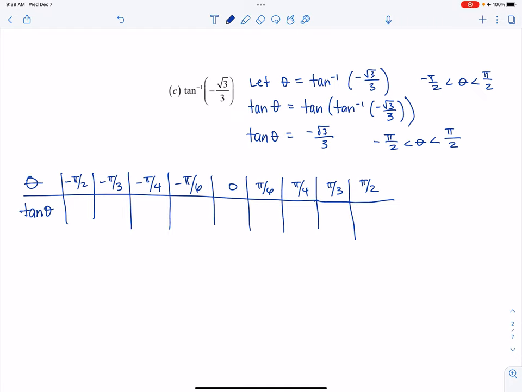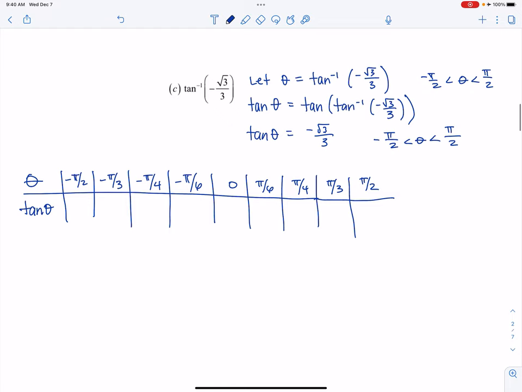Now the thing about tangent is we notice probably that these ones are not less than or equal to. They're just strictly less than. And why is that happening? Well, if I find the tangent of negative pi over 2, it's going to give me undefined. And so is the value at pi over 2. These values of tangent are undefined. That's where we have the asymptote happening.